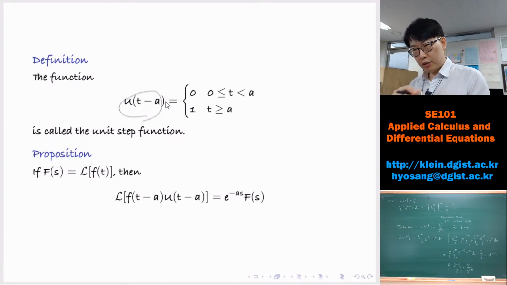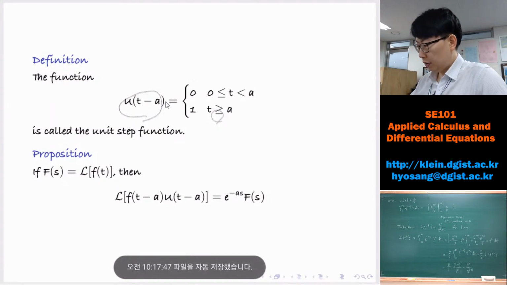This function is 0 when t is less than a, and 1 when t is bigger than a. It doesn't matter when t is a. It could be defined to be 0 or 1 because it's not a continuous function after all. When you take a Laplace transform, it's okay to be discontinuous at finitely many points. But usually we define it to be 1 when t equals a.